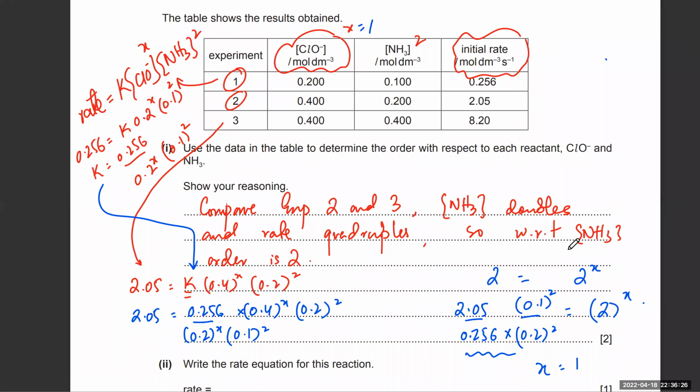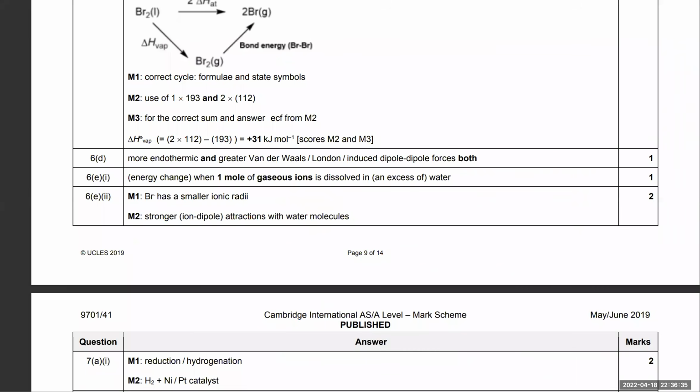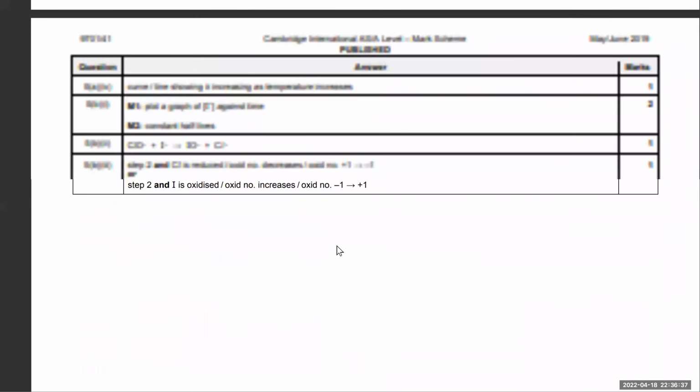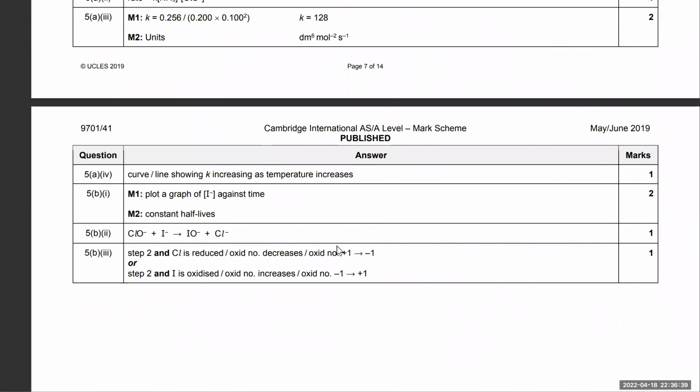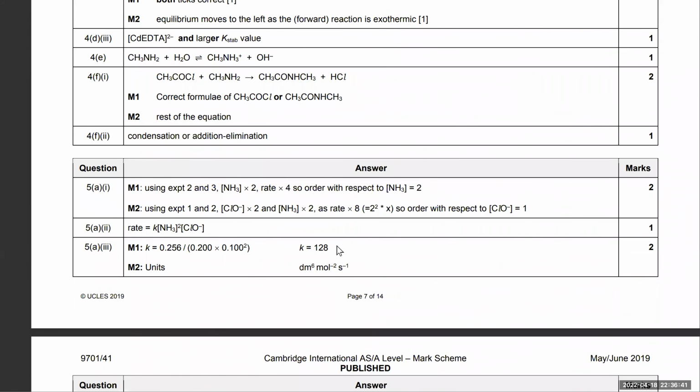The first thing is, okay, because if I open the marking scheme, it will award no marks for all of this. If I just look at the marking scheme, this question number 5, there would be absolutely no marks given for all the working over here. For example, look at mark 2, for ClO-, they're comparing experiments 1 and 2.